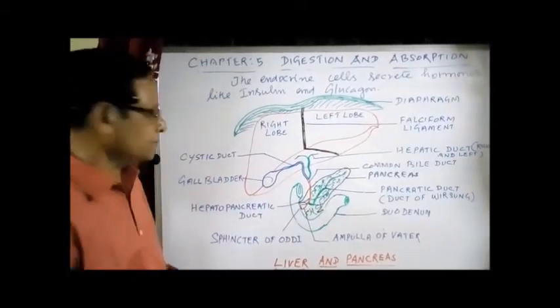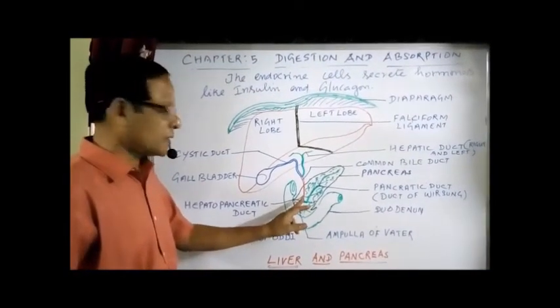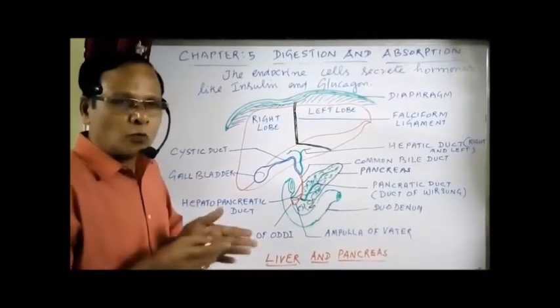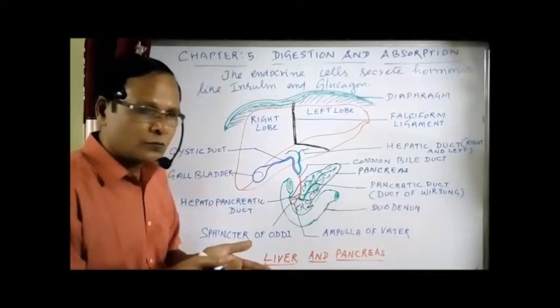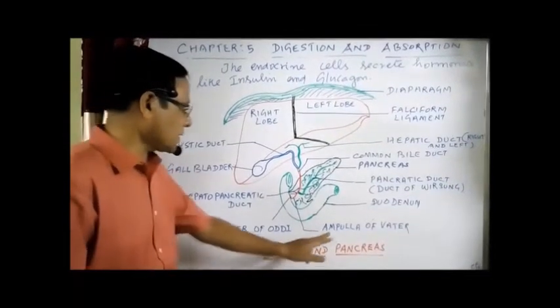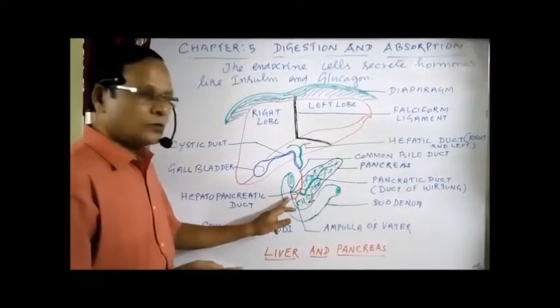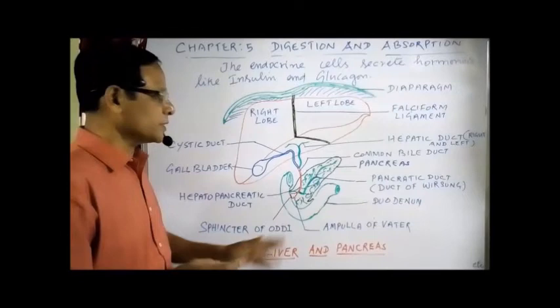This duct joins with the common bile duct to form the hepatopancreatic duct. It opens into the duodenum. Before opening, it enlarges to form a swollen structure called the ampulla of Vater, which opens into the duodenum. The opening is guarded by a sphincter called the sphincter of Oddi.